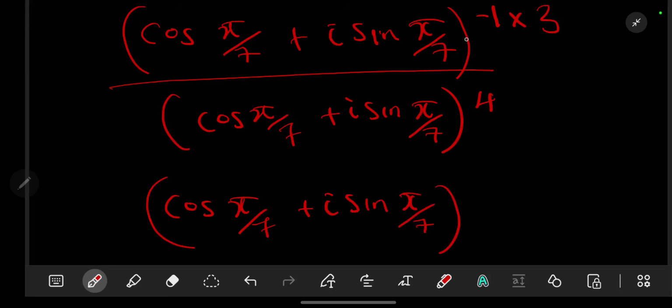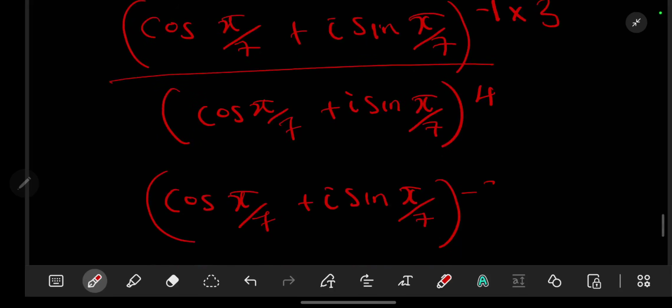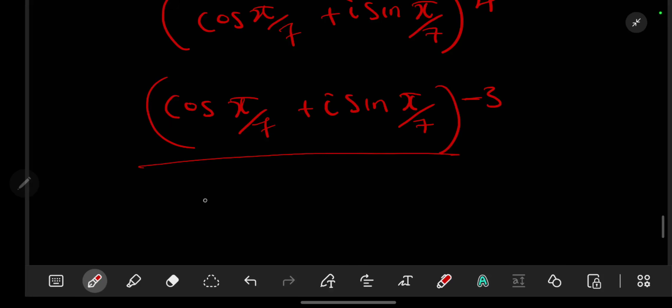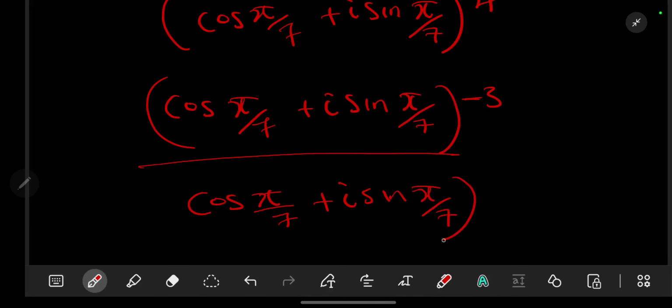Negative 1 by 3 will be negative 3. Then we divide this by cos of pi over 7 plus i sine of pi over 7, then to the power of 4.